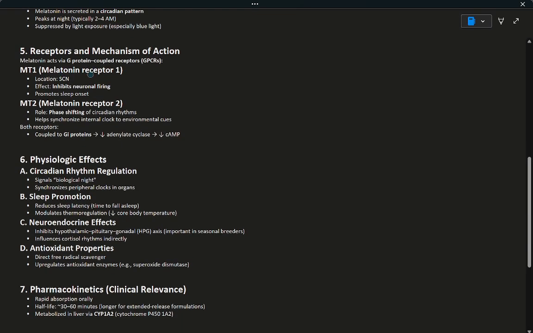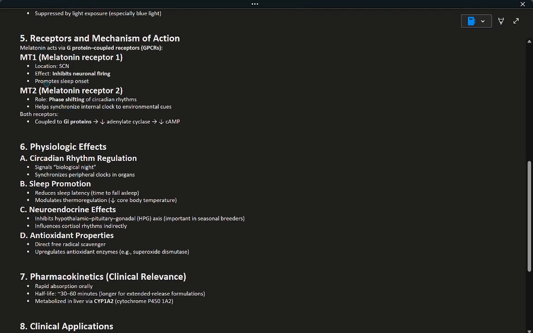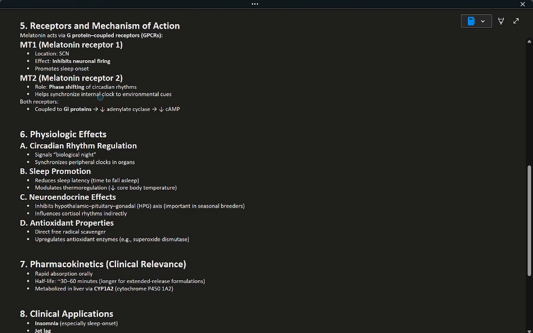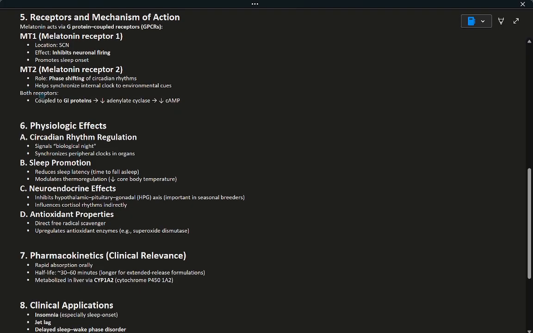Melatonin receptor 1 is located in the... specifically, they are coupled to the Gi protein, also known as the G inhibitory protein.